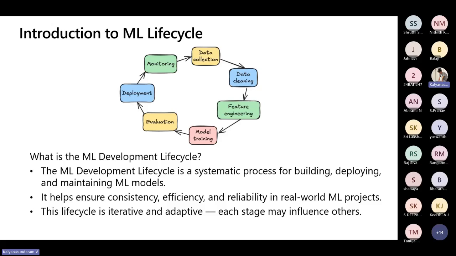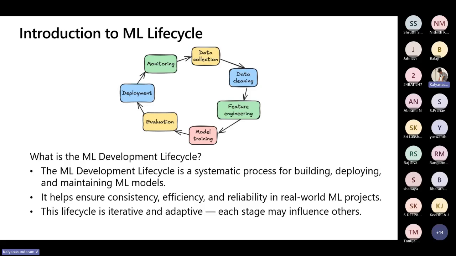Unstructured data may be an image or a video. That is also a data set, but it is unstructured, where you apply deep learning, neural networks and so on. Don't confuse ML and DL, both are not the same. ML is different, DL is different, and both have different life cycles. The life cycle is nothing but the starting point to the ending point of what is happening in machine learning.